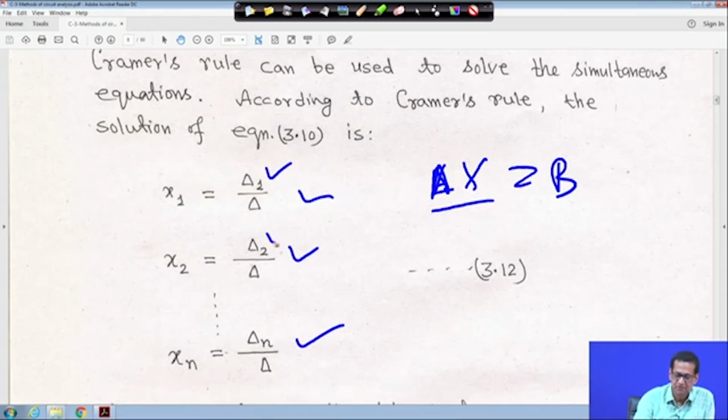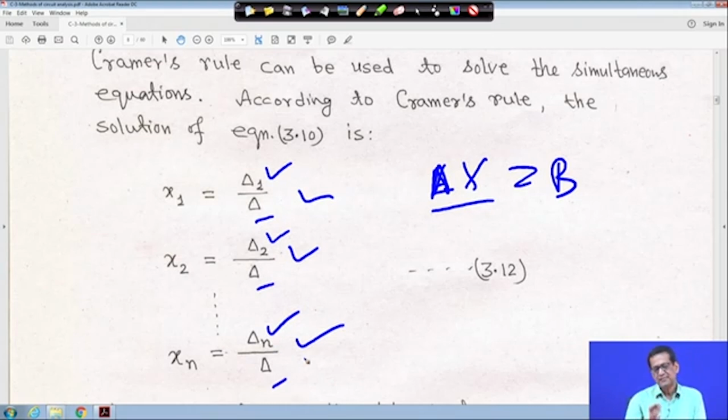So we have to find delta 1, delta 2 up to delta n, and then delta. The deltas are determinants, but we have to know some procedure to solve them quickly.